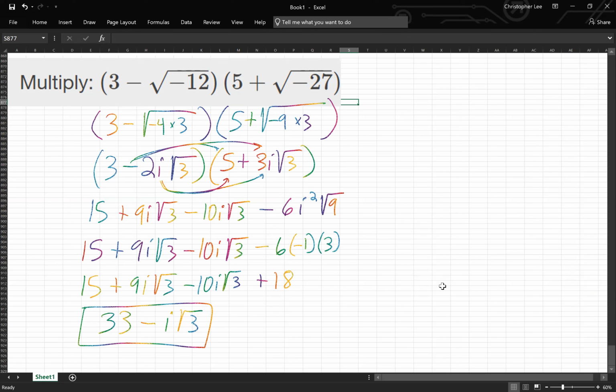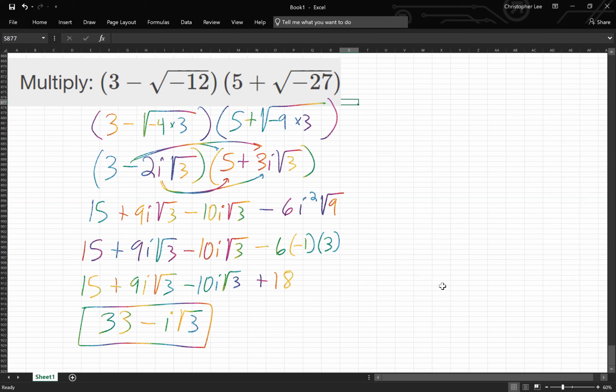You did the 2 square root 3, right? Or the 4 square root of -4 times 3. 9 times 2? That's 18, I think. Oh, 3i square root 3, yeah.